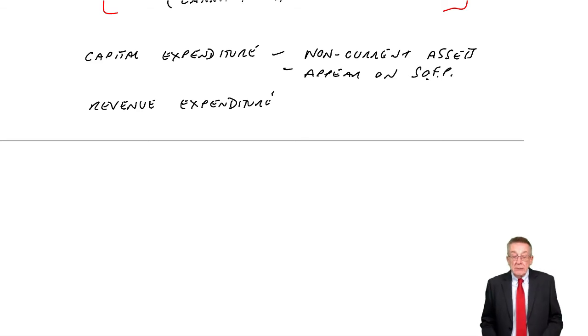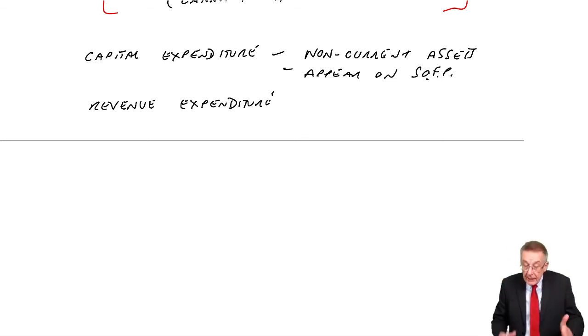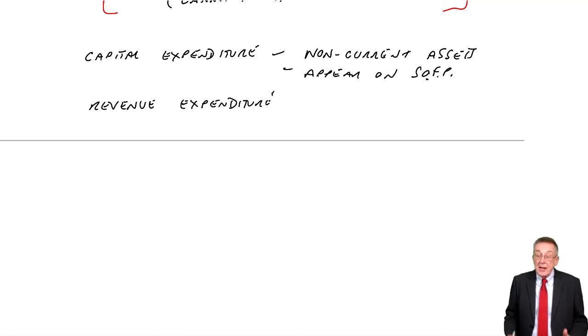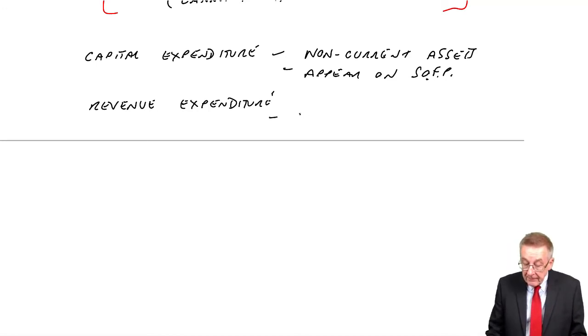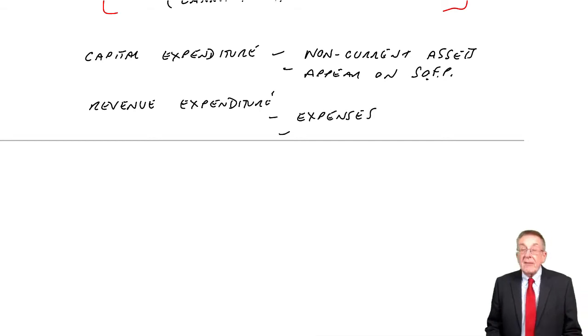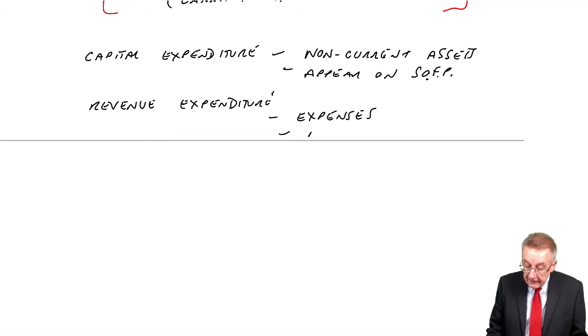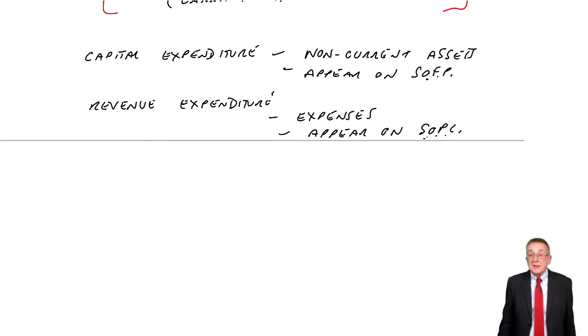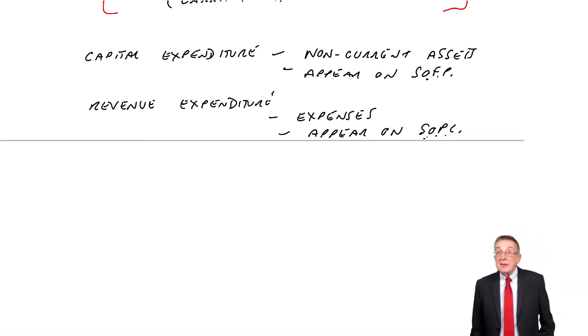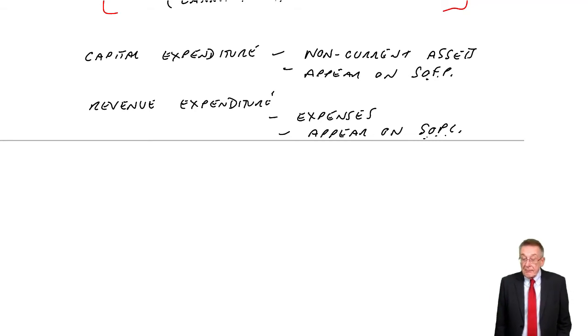So buy a machine, a non-current asset, it's capital expenditure, and it sits on the statement of financial position. Whereas revenue expenditure is where you're paying expenses, and expenses appear on the statement of profit or loss. So pay rent, pay telephone, pay electricity. You've not bought an asset, obviously. They're an expense for the statement of profit or loss.